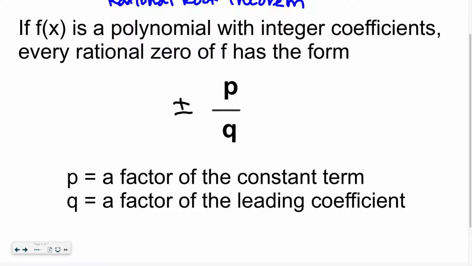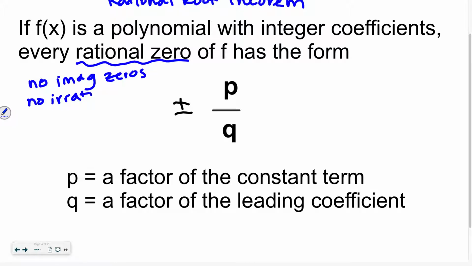P's over Q. Now, one thing to note is it's called the rational root theorem or the rational zero test, so this only helps us write a list of rational zeros. There are no imaginary zeros here, and no irrational zeros here.